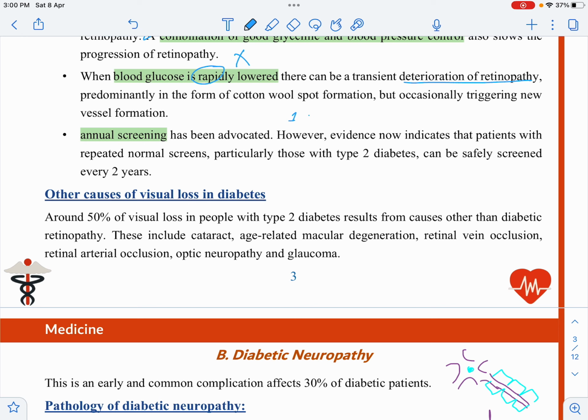Actually it is every 1 year or annual. لكن إذا كان glycemic control يعني هو strict glycemic control زائد early diagnosis patient ممكن every 2 years.